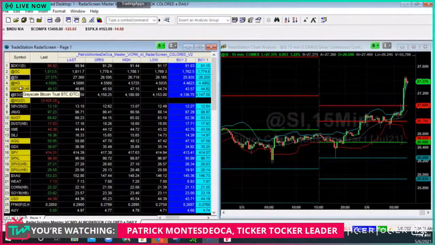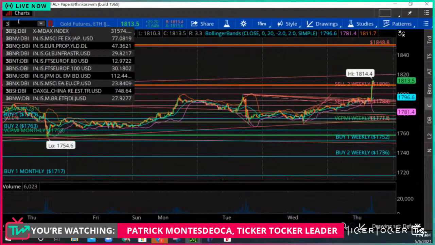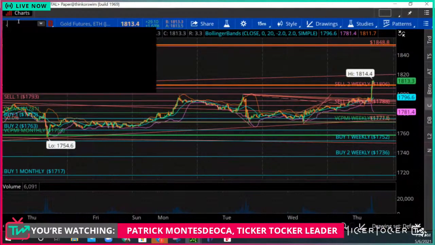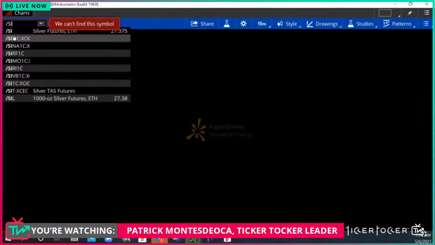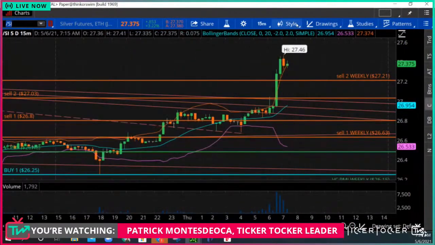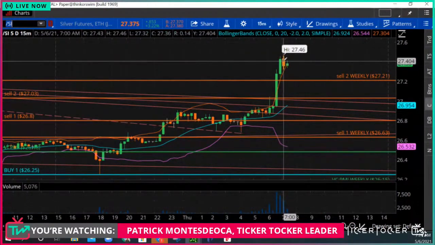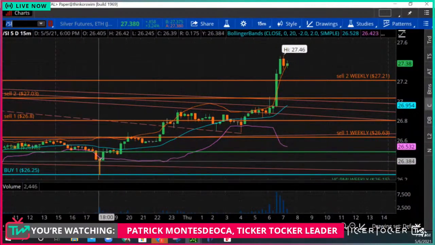And what we saw was a high in silver of 30.35, I believe, was the high. We're just making a new high right now. Obviously, today was 27.46, and this is a high that we are just making coming off the bottom here recently.